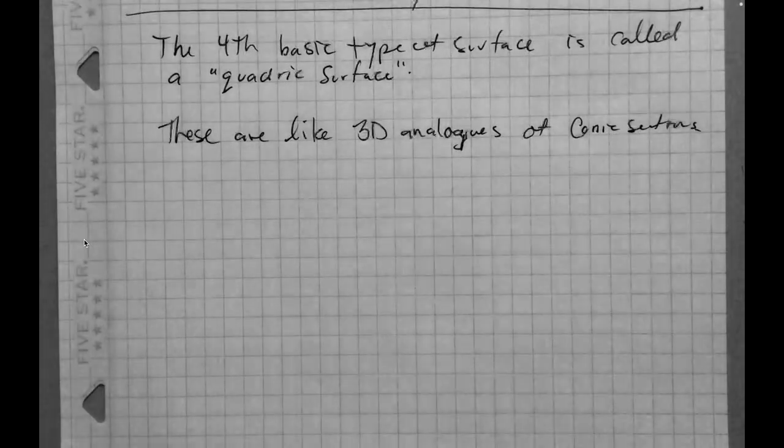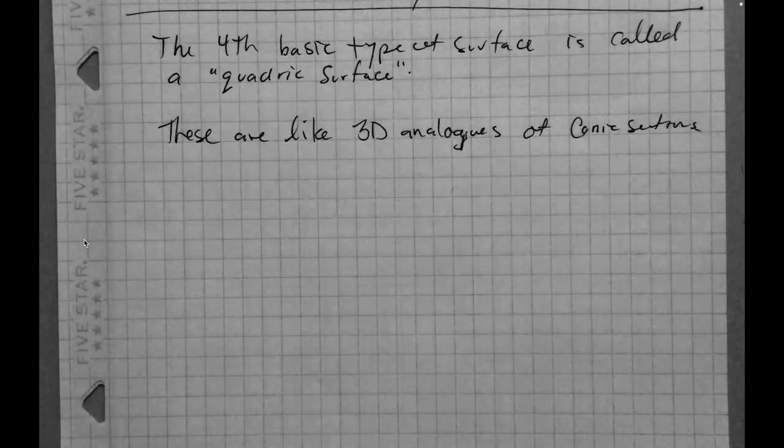And so remember the conic sections, you've got hyperbola, ellipse, circles, that kind of stuff. And so these are like 3D analogs of those two-dimensional shapes that we're used to looking at. Okay. And so we'll talk through these, and probably keep it high level.